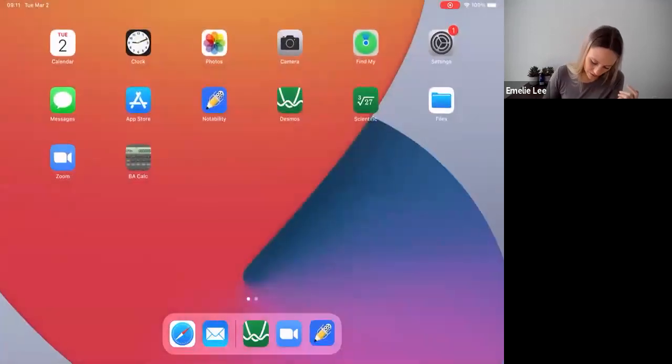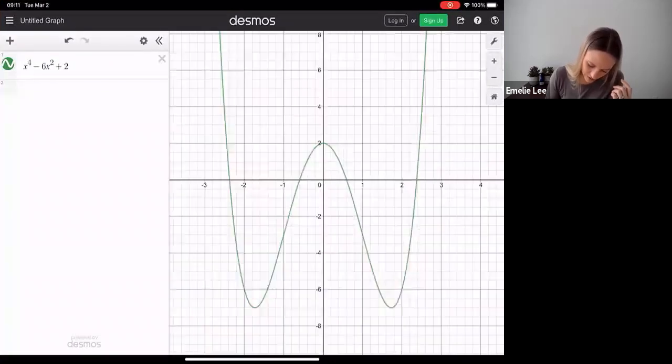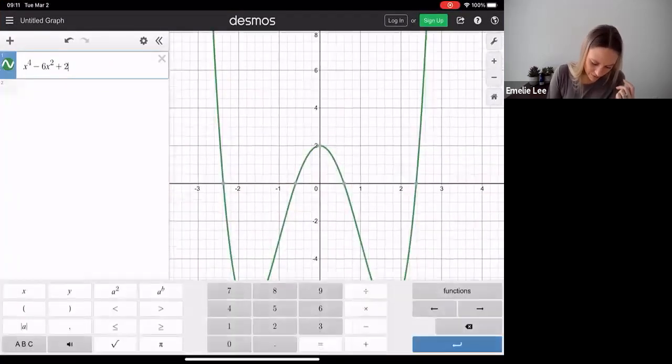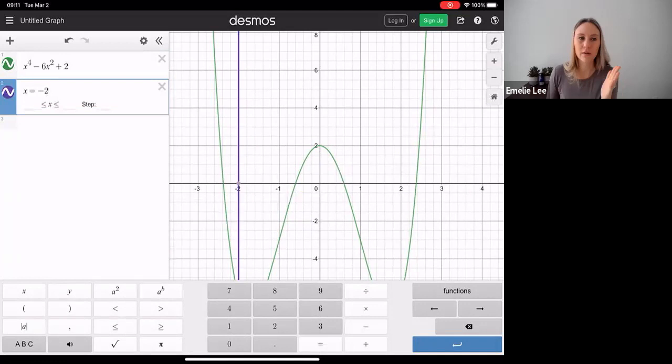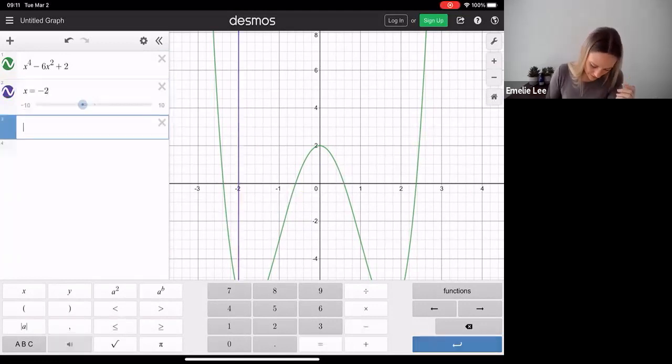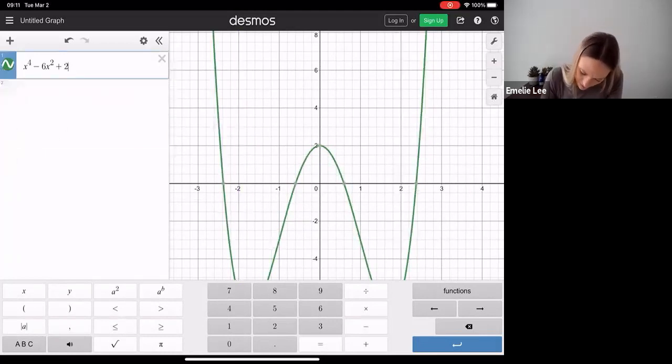So one thing you could do is say x equals negative 2, that's my cutoff point. And then x is equal to positive 2. That's my cutoff point.